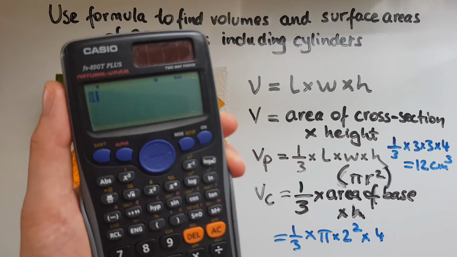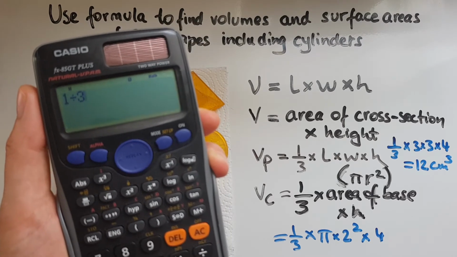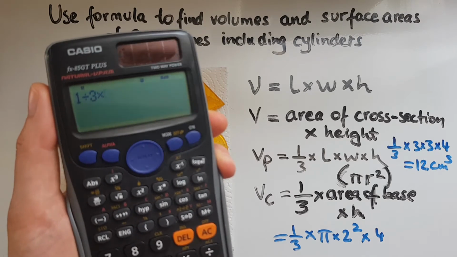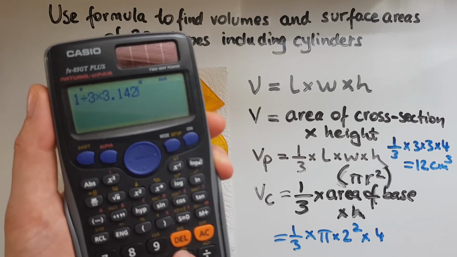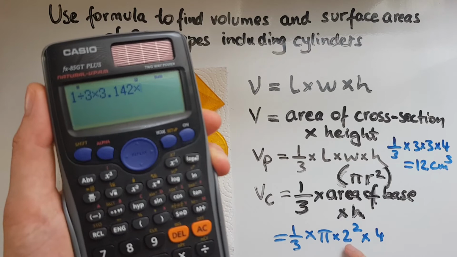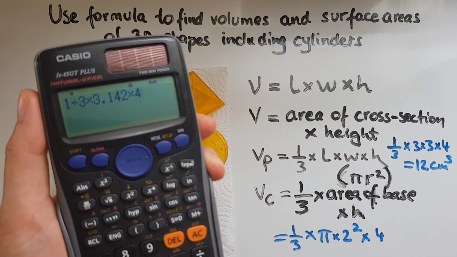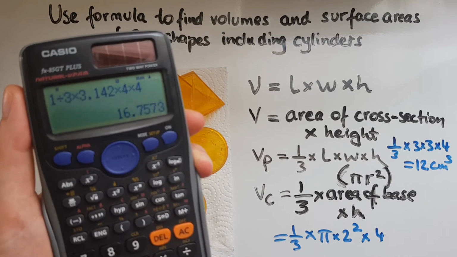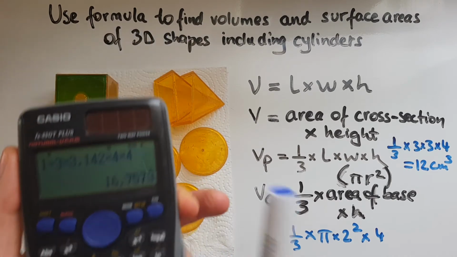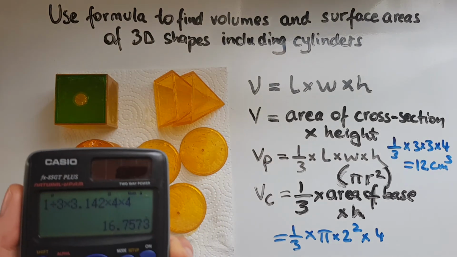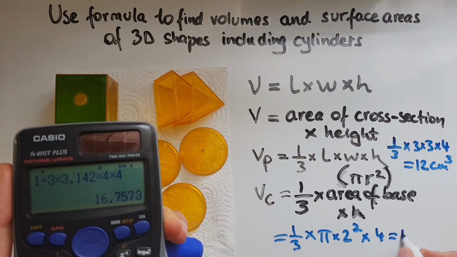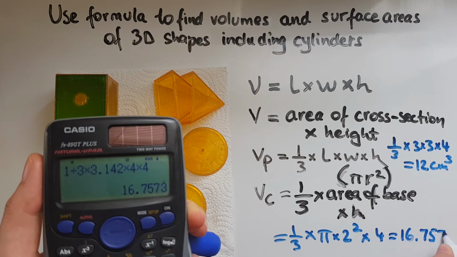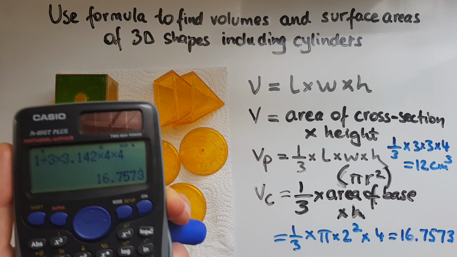So 1/3 or 1 divided by 3 times 3.142 times 2 squared, which is 4, times 4. That gives us 16.7573.